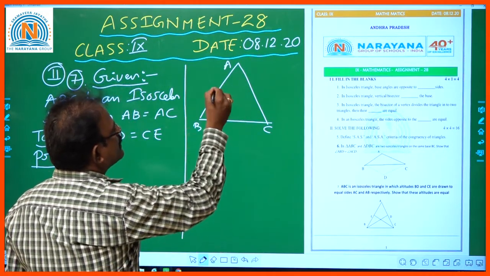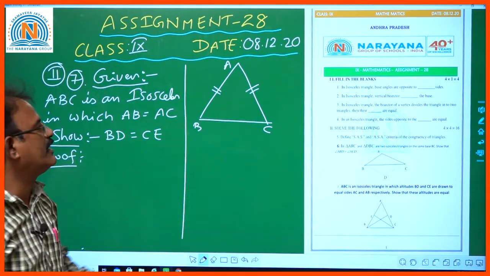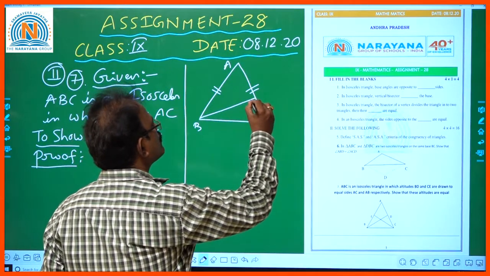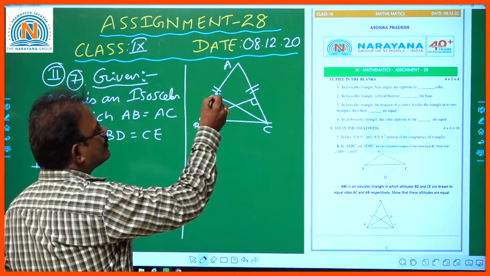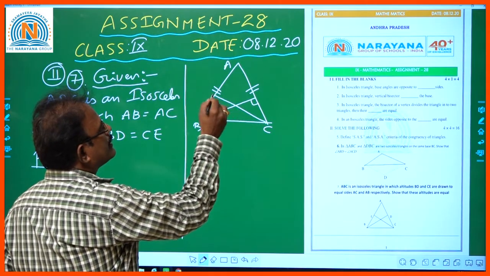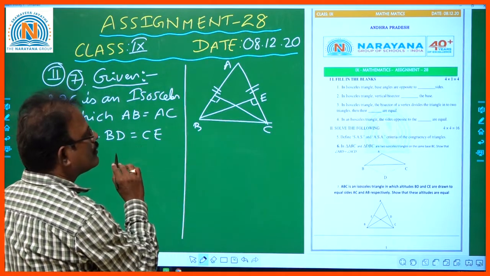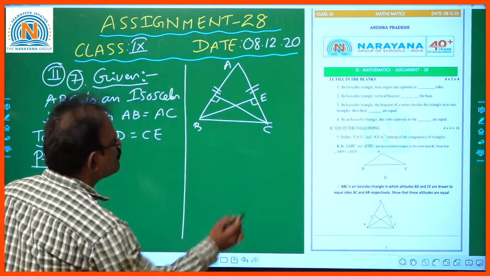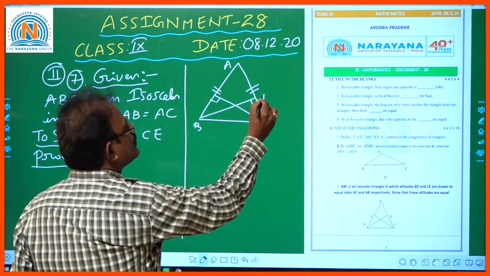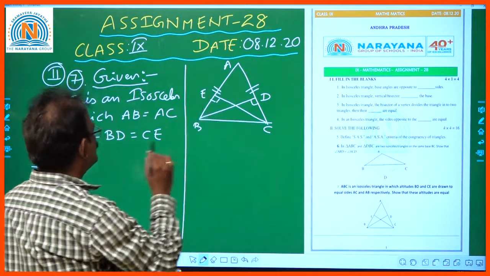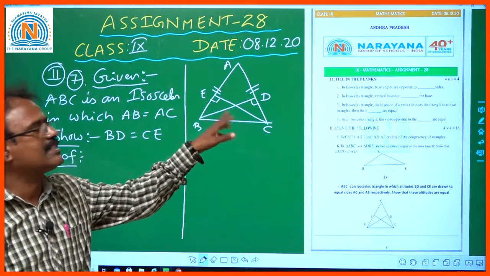ABC is a triangle in which AB is equal to AC, and once you draw some altitudes from vertex B towards AC and another altitude from C to side AB, this is D, E. So BD, CE. We need to show that the lengths of the altitudes BD and CE are equal.